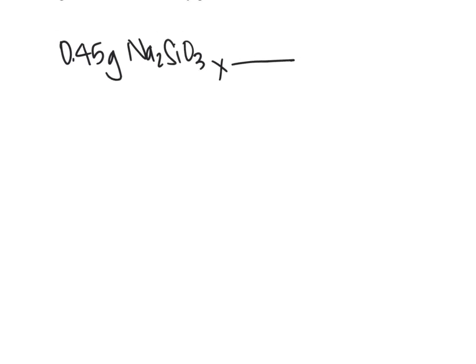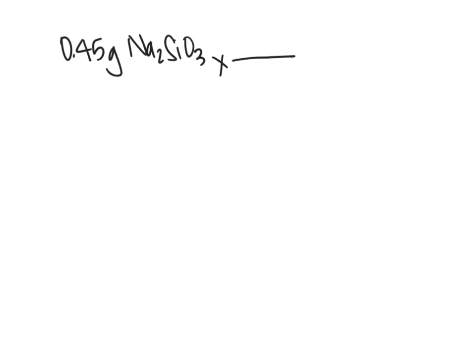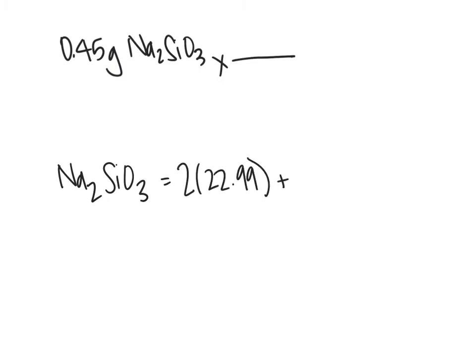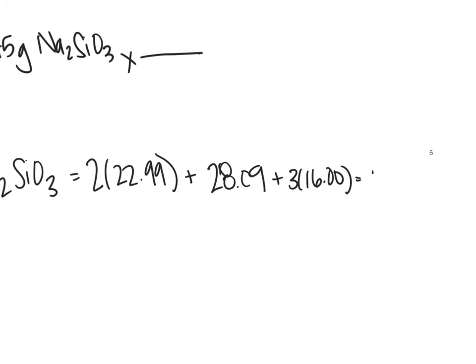So for sodium silicate, Na2SiO3, that's equal to 2 times 22.99, plus for silicon, 28.09, plus 3 times 16.00, and that gives us 122.07 grams per mole.